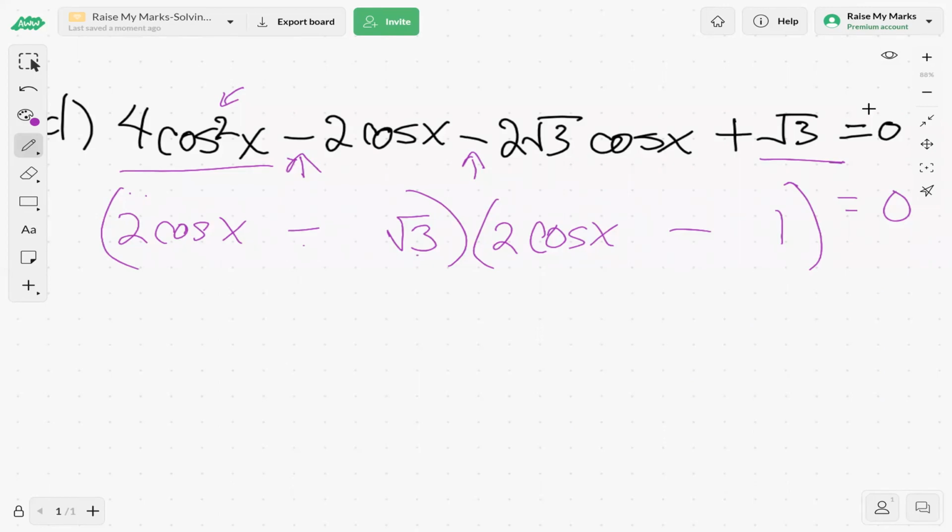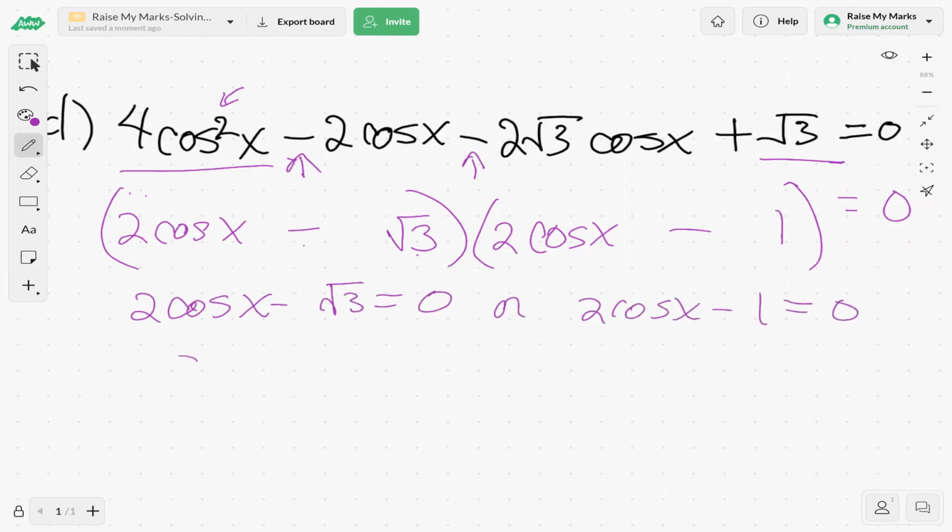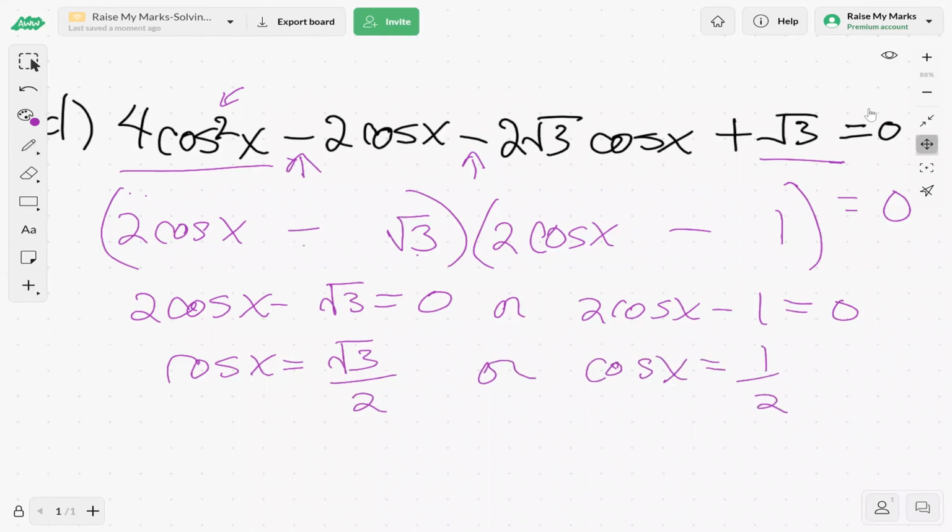Again, we have the product of two factors equaling zero. That means at least one of the factors equals 0. So we have 2 cos x minus root 3 equals 0, or 2 cos x minus 1 equals 0. Let's solve for cos x. Cos x equals root 3 over 2, or cos x equals 1 over 2.